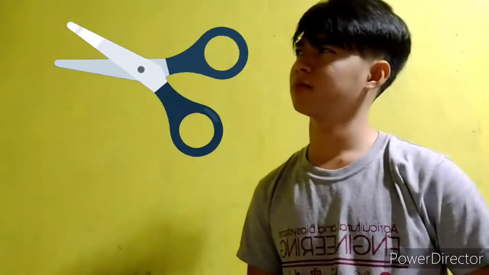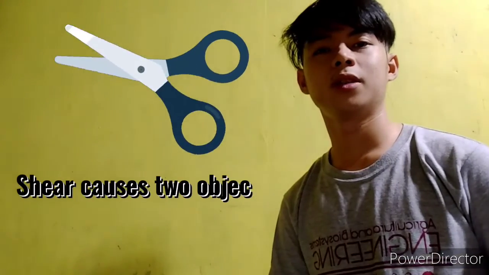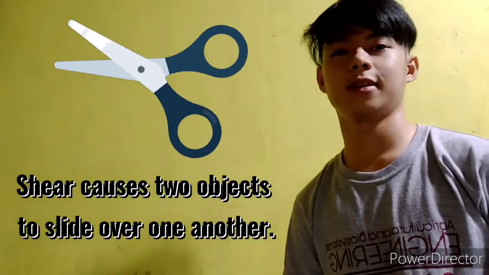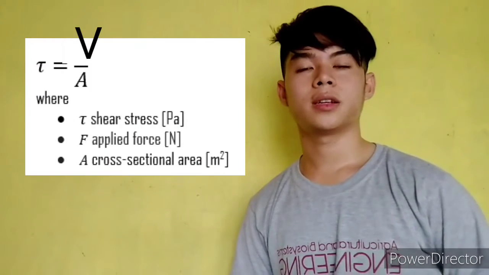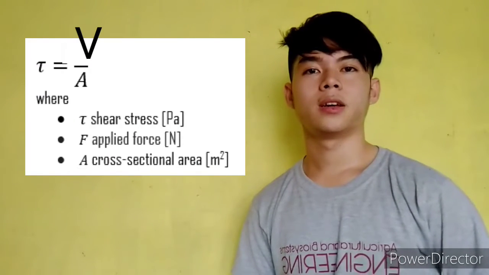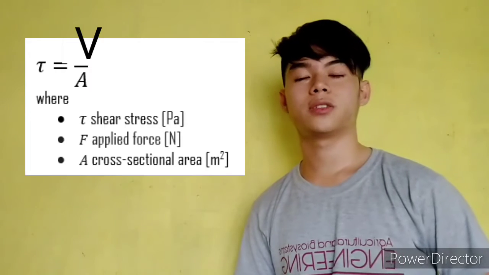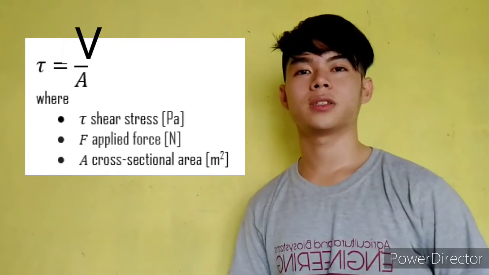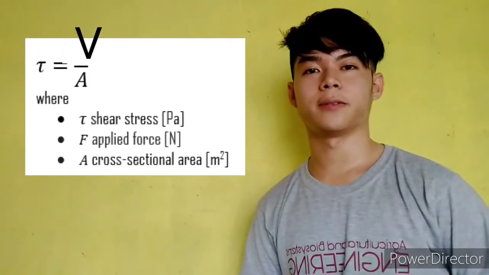The best way to visualize shear is to think of how scissors work. Shear causes two objects to slide against one another. To solve for shear stress, it is equal to V over A, where V is the resultant of the shear force and A is the area.